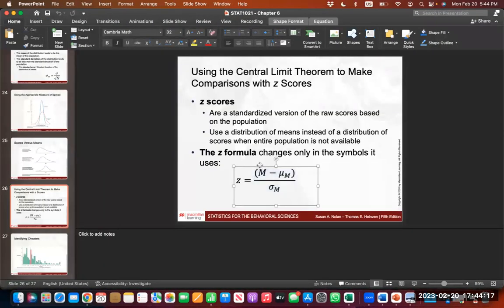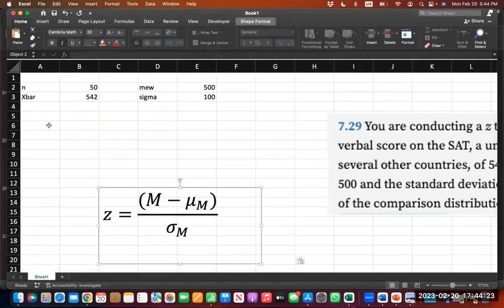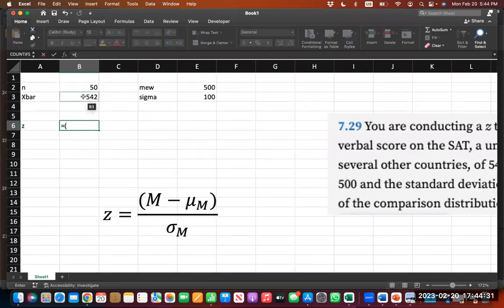And now we know that the calculation of our z is being done by calculating z is now M 542 minus our mu, which is 500, divided by, first, the standard error of the mean.